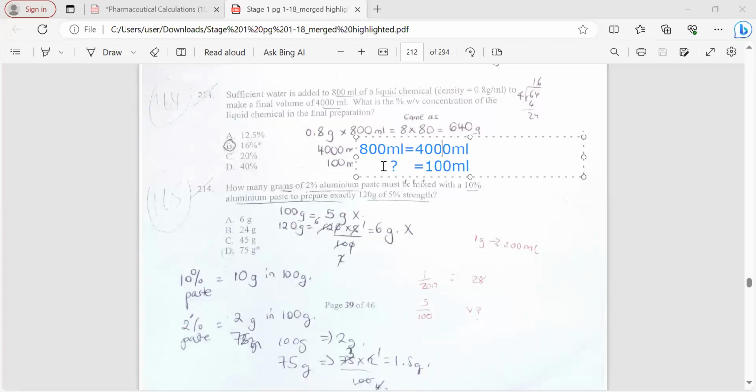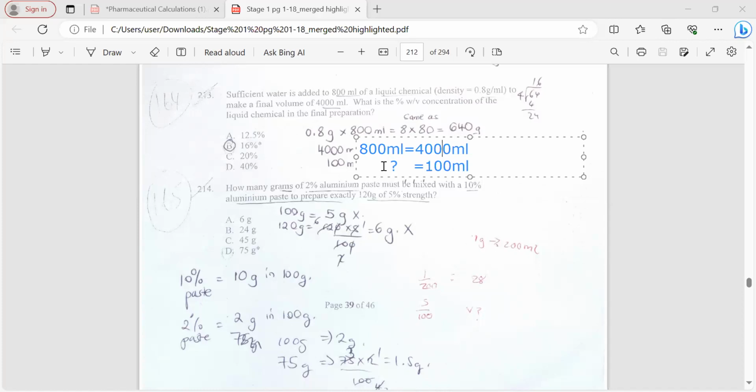So how many ml of that liquid chemical do we need? Is it 40 or 20? Oh, 20.